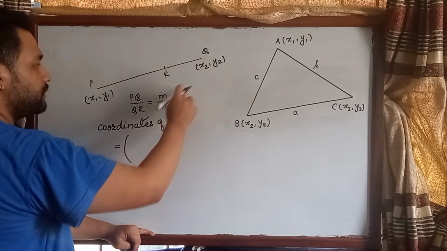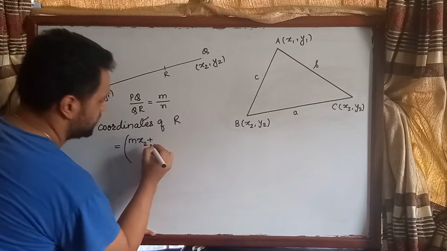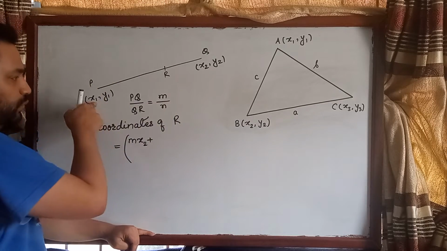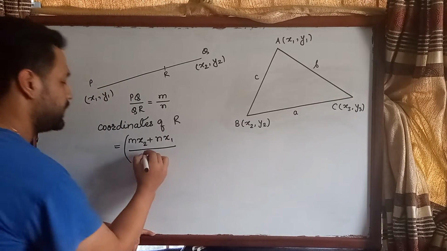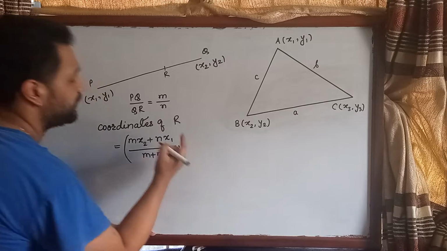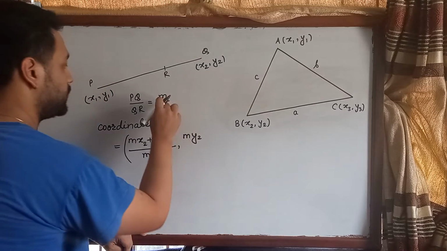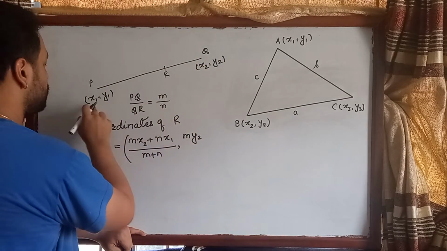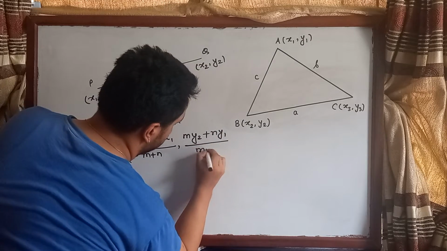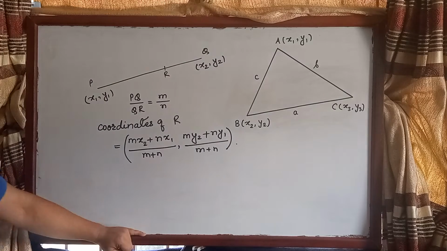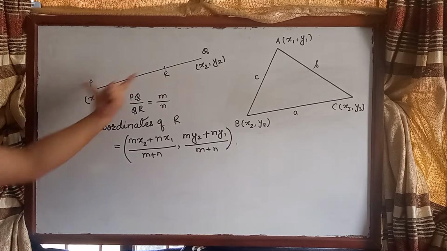M times x2 plus N times x1 over M plus N. Similarly, the y coordinates will be given by M times y2 plus N times y1 all over M plus N. This is the section formula for internal division.